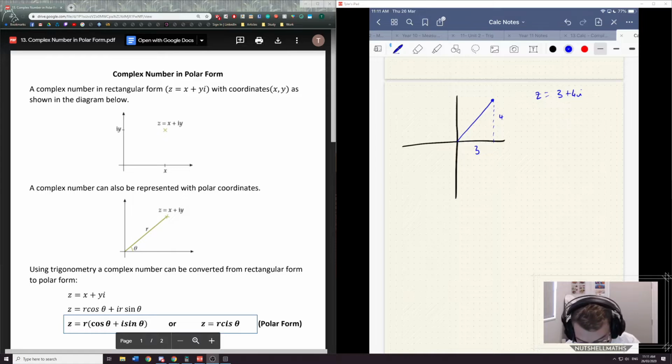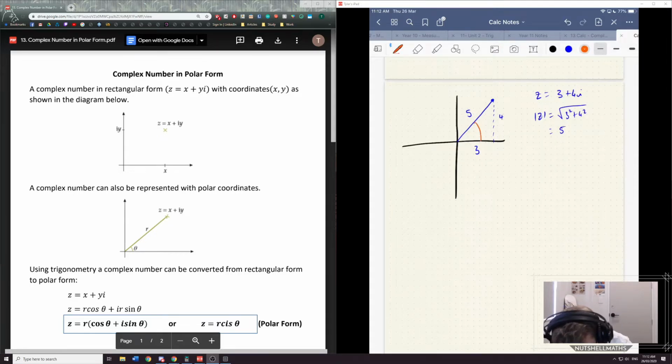Right. If we have this, then I could also say that the modulus of z would be the square root of 3 squared plus 4 squared, which we know would become 5. So I could quite comfortably put 5 on this diagram.